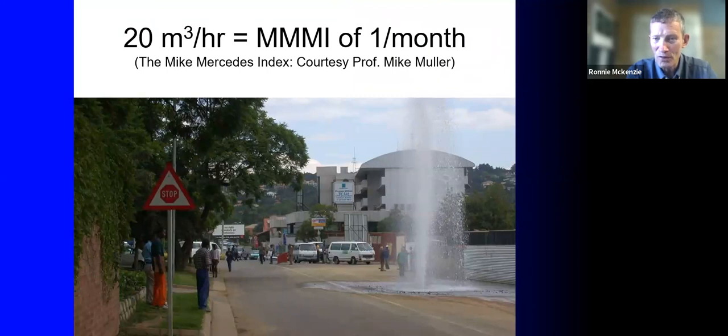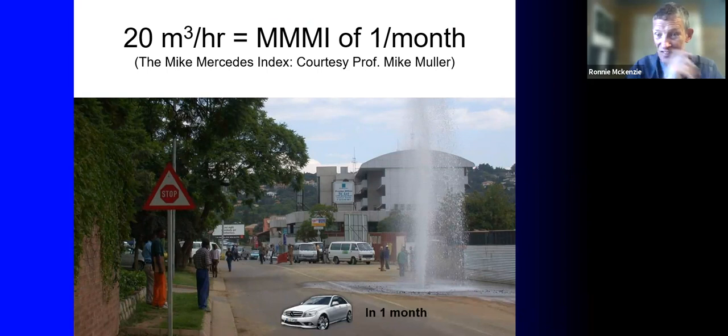So we've developed our own performance indicator particularly for the politicians. It's actually courtesy of a friend of mine, Prof. Mike Muller, who is a former engineer, or current engineer really, and a former politician himself. So he came up with this idea, let's express it in terms of a Mercedes-Benz car. And that really gets the attention.